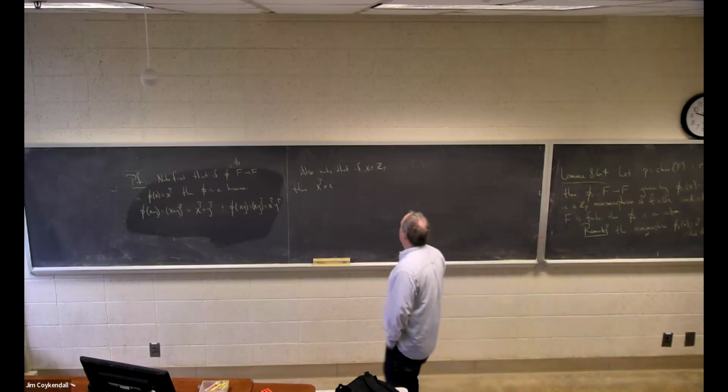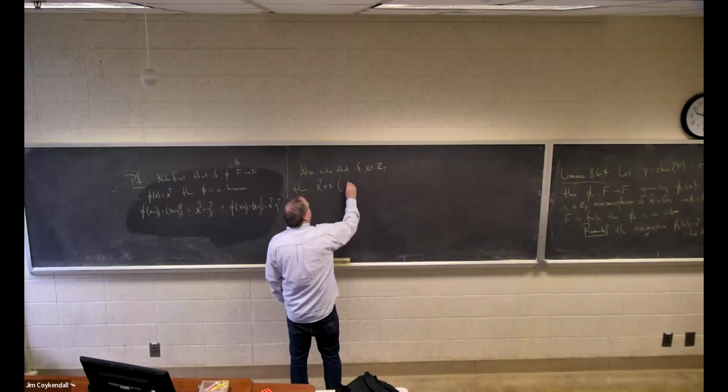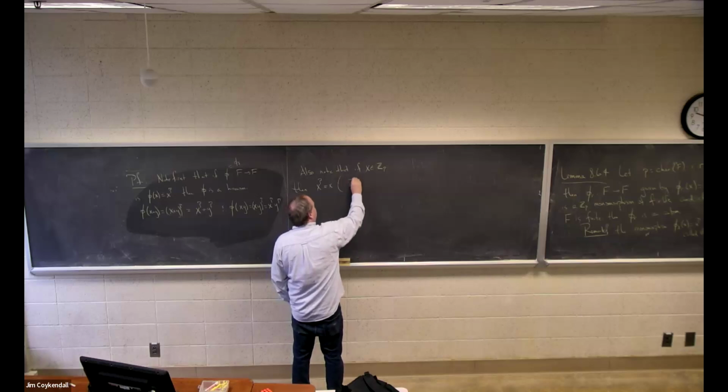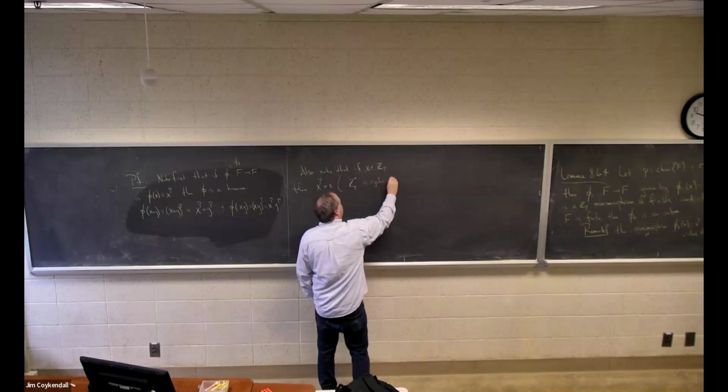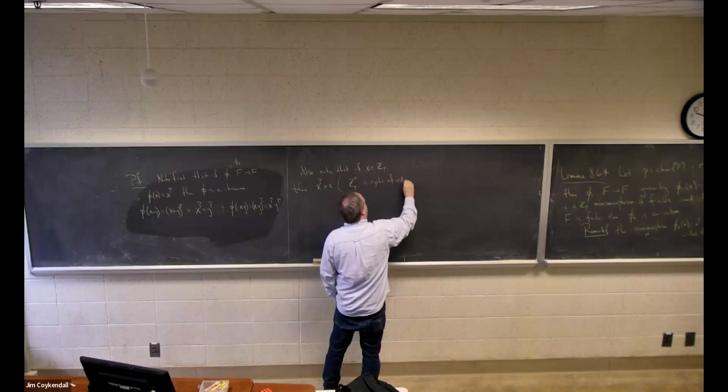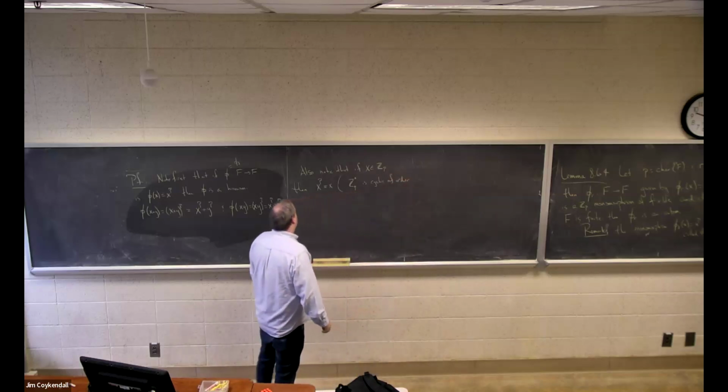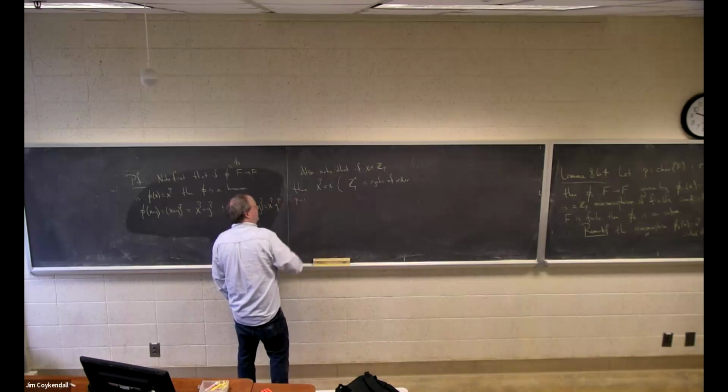I can actually notice that Z_p star is cyclic of order p minus one, right?